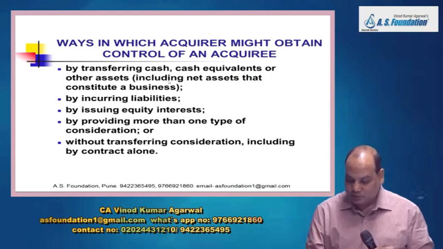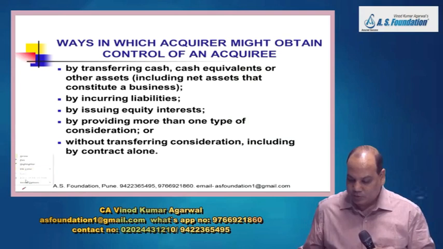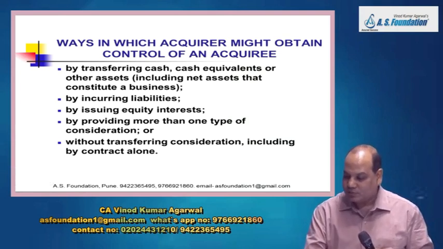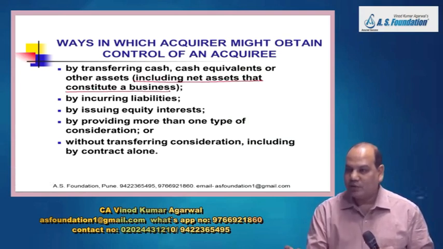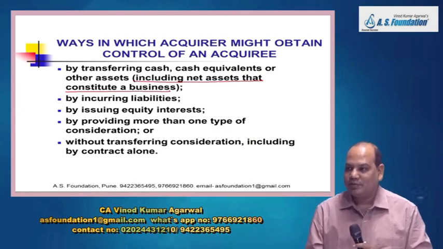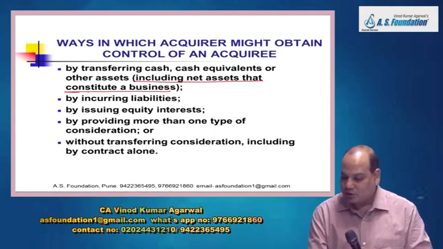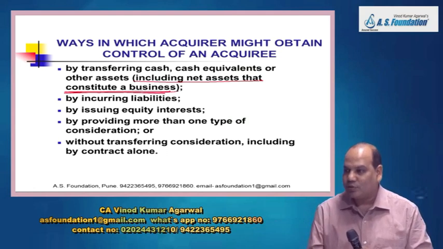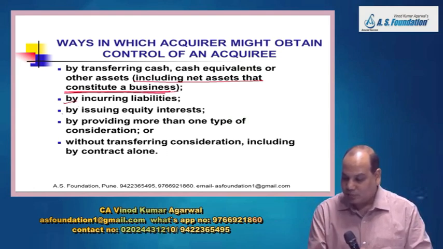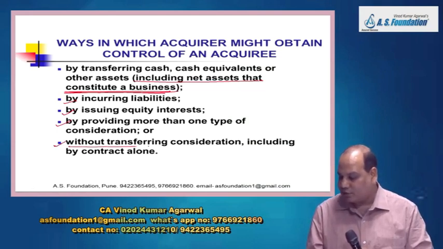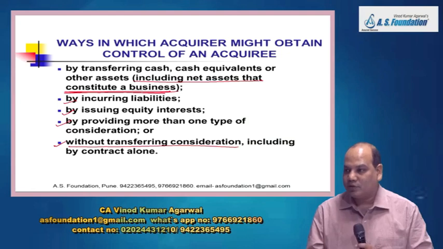Sometimes you acquire a business and you transfer one business to the other entity. Even this will be considered as asset transfer to acquire the other entity, or by incurring liabilities, by issuing equity shares, by providing more than one type of consideration, and sometimes without transferring consideration also, including by a contract alone.